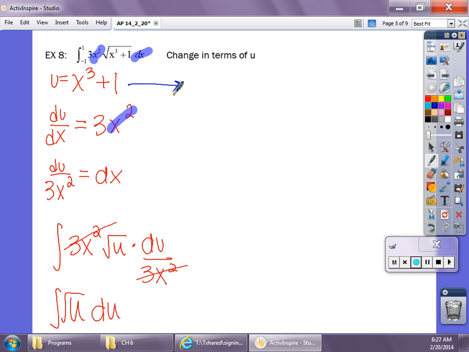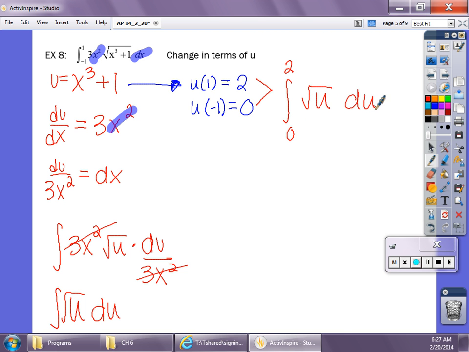We need our limits to be in terms of u. So u of 1 would be 1 cubed is 1 plus 1 is 2. U of negative 1 is negative 1 cubed is negative 1 plus 1 is 0. So my new problem, using my limits, would be the integral from 0 to 2 of the square root of u du.